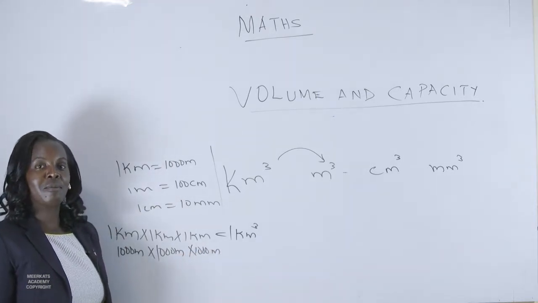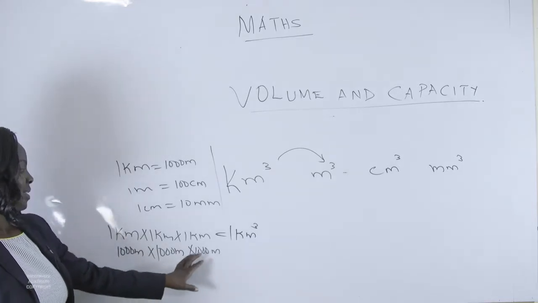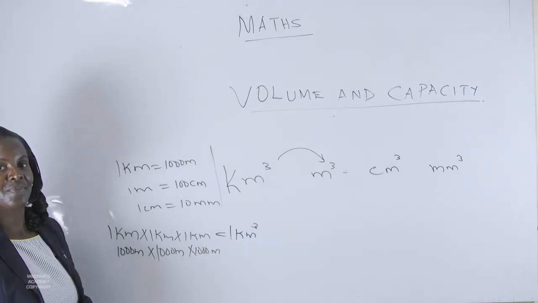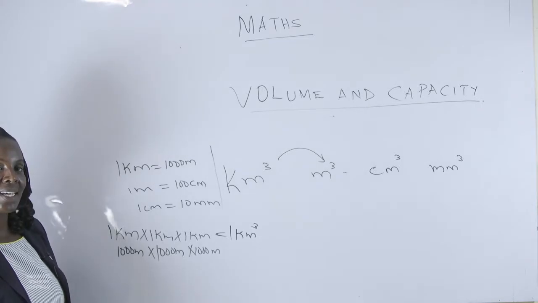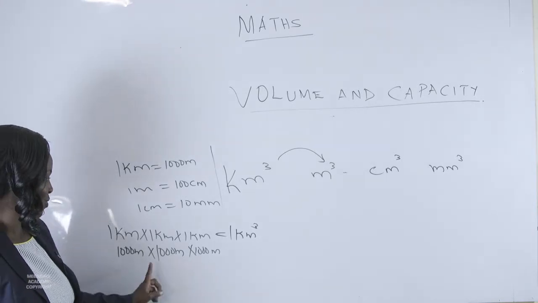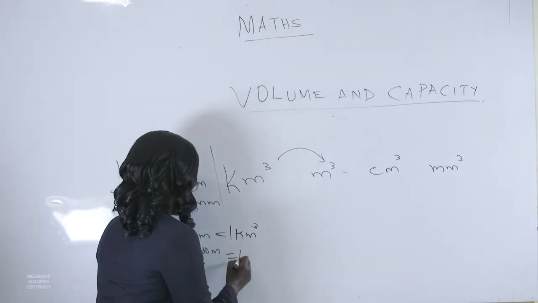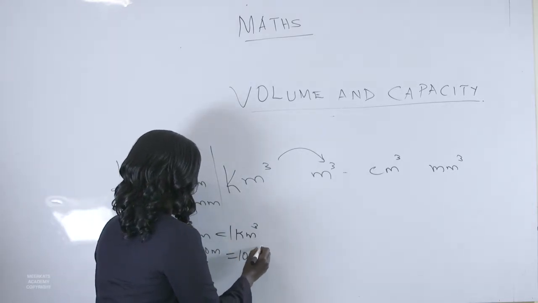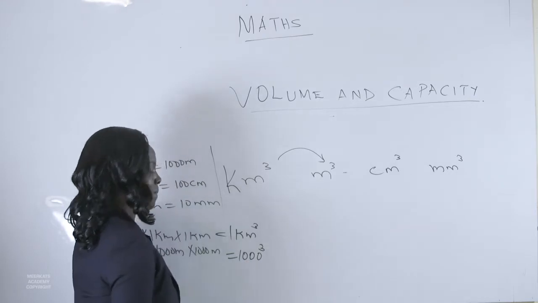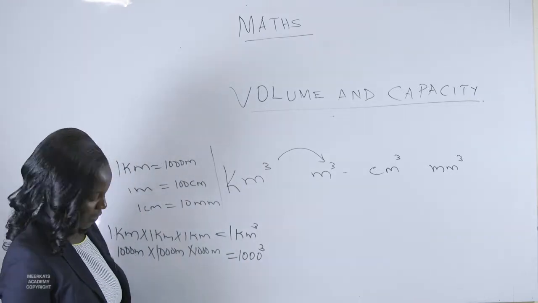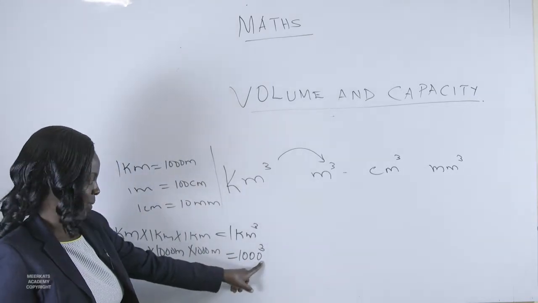So how many meters do we have in 1 cubic kilometer? You realize we have so many zeros here. So we can just write it this way.